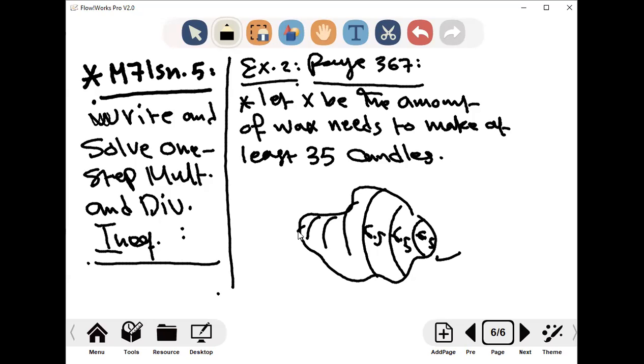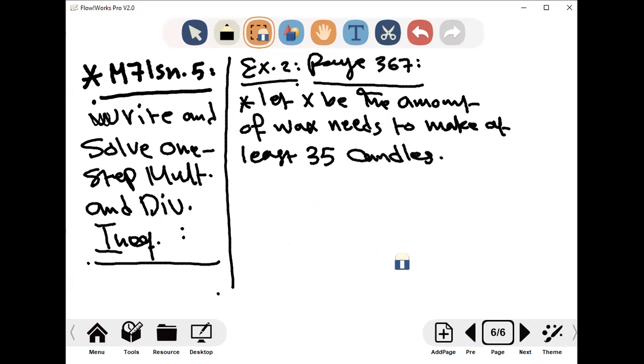Assume, I'm assuming. Forget this. I want you to understand why we will divide here. Assume that you have 30 ounces of wax, okay?